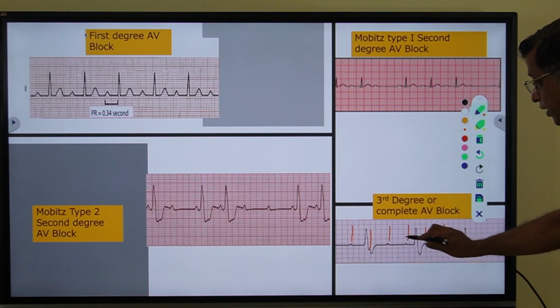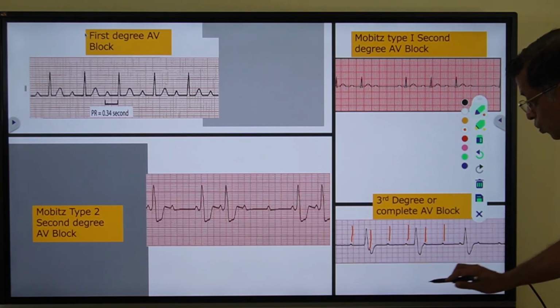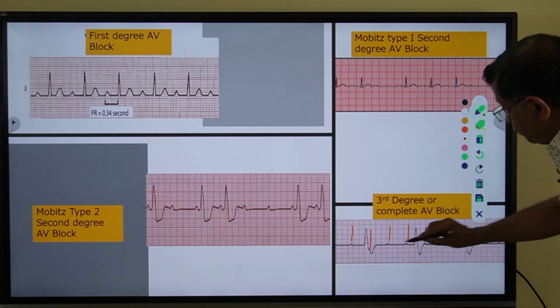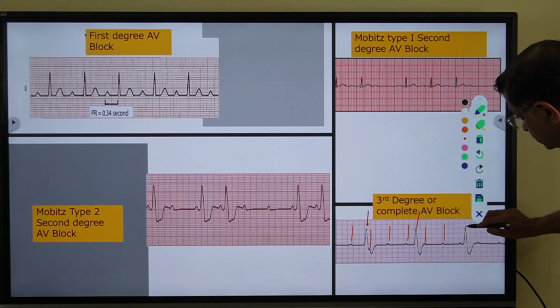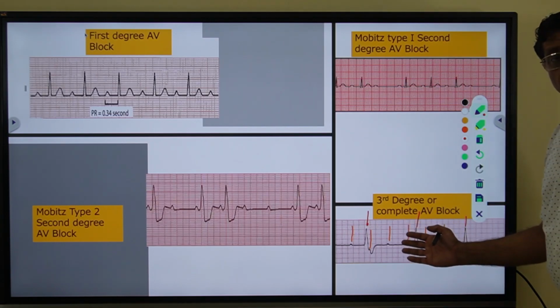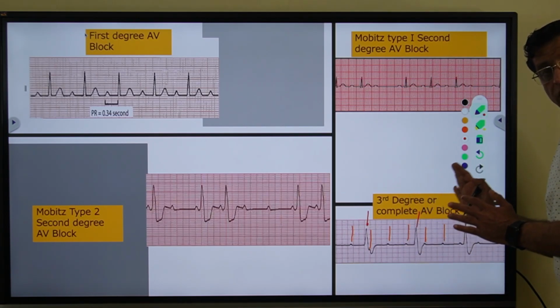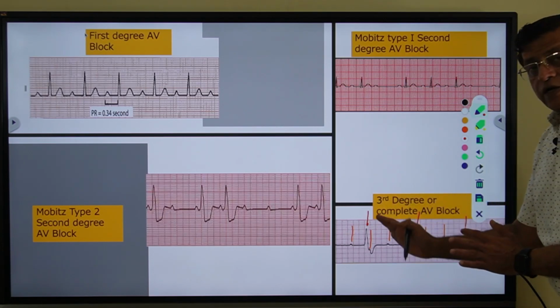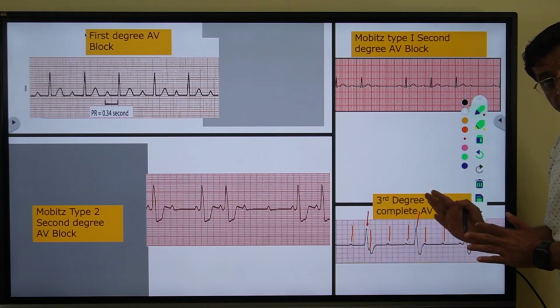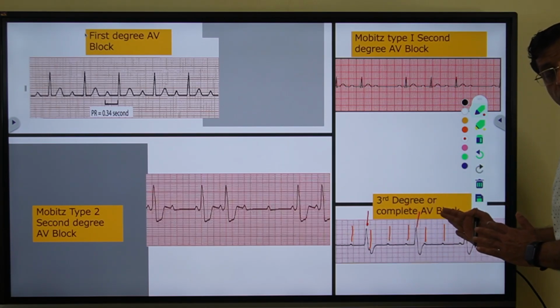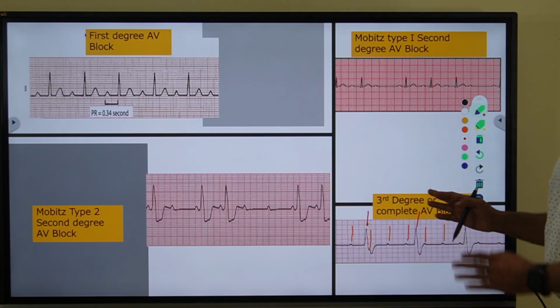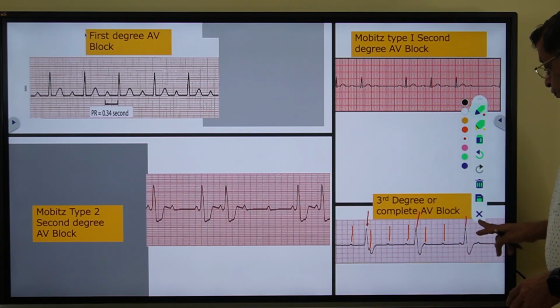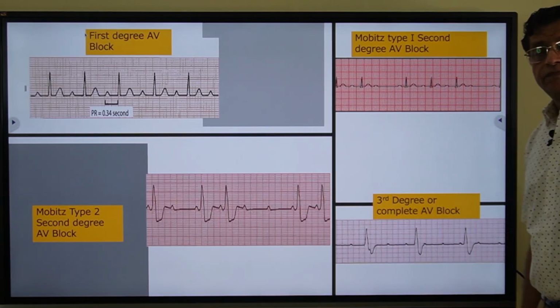So the P wave or atrial rate is about 100 per minute, while the ventricular rate, the QRS complex, is about 35 to 40. So the ventricles are beating at a much lesser pace. Atria are beating at a rate of around 100, and there is no connection or dependency between them. They are totally independent of each other. So this is third degree AV block.